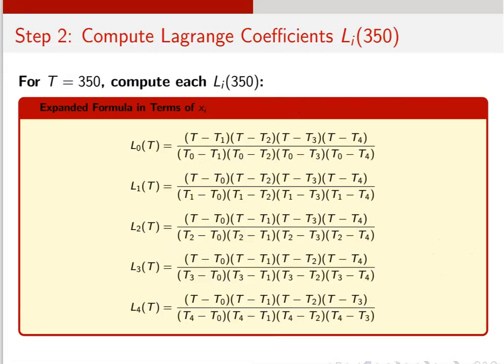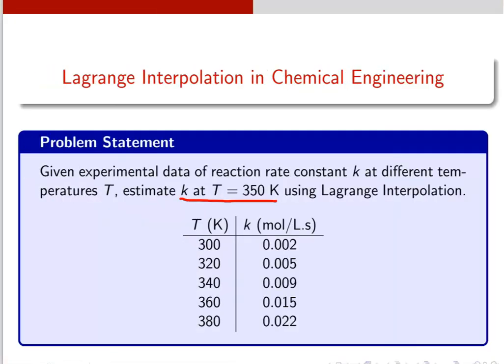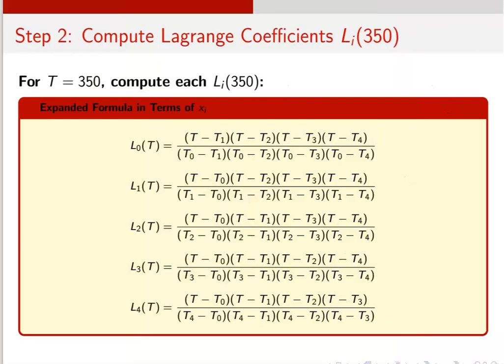Now, how many data points are here? 1, 2, 3, 4, 5. So we have to calculate 5 Lagrange coefficients, starting from 0 to 4.